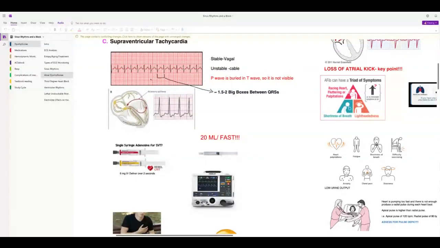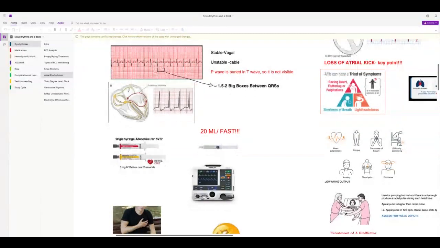Usually SVT is caused by somebody's born with or they develop an accessory pathway. There's all different names for it. You don't need to know any of that. I'm just pointing it out because when you give adenosine, the purpose of that is to stop the conduction. So they go into asystole. It's kind of nerve wracking, so you need to warn your patient.